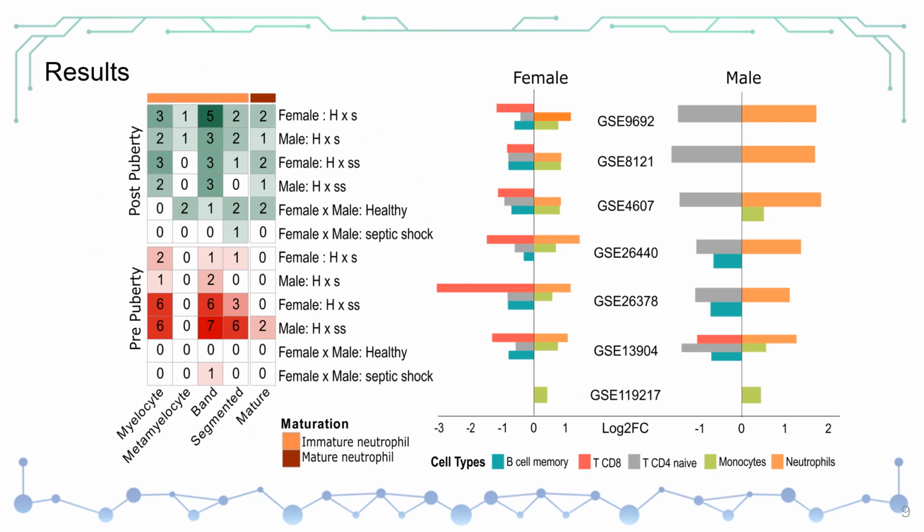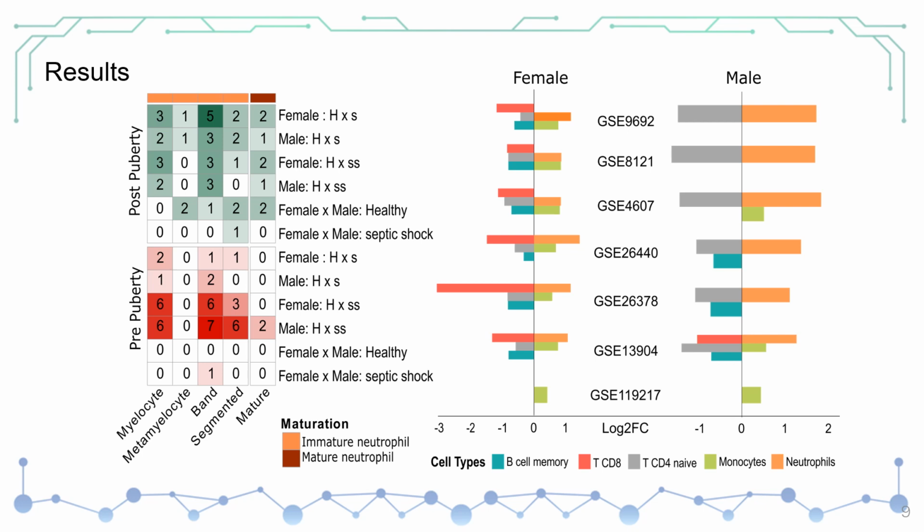We performed the deconvolution analysis in order to find the proportion of subgroups of neutrophils. We have here in the heat map the number of studies showing the consistent proportion of those subgroups of neutrophils, and we found that myelocytes and band neutrophils were more increased in pre-puberty samples, but they decreased in post-puberty samples.